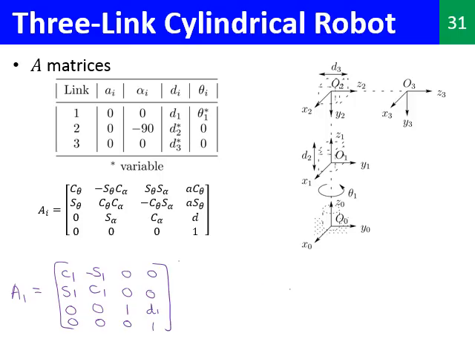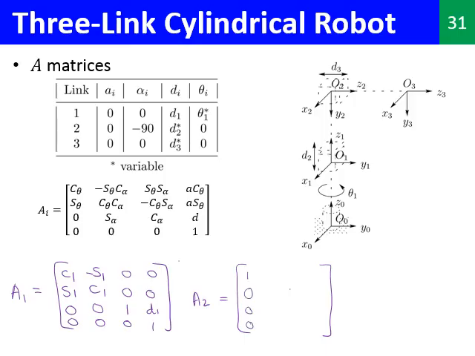Next we go to the second row of the DH table and we can generate A2 from that. So we would have cos theta would be 1 because theta 2 equals 0. Sin theta would be 0 and 2 zeros here.